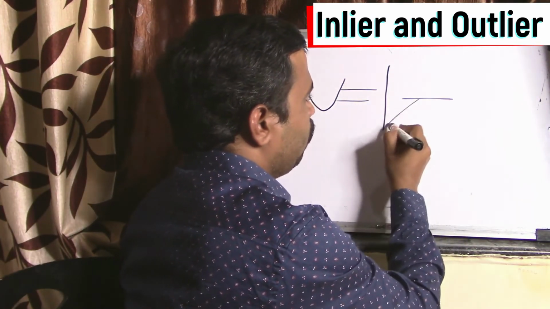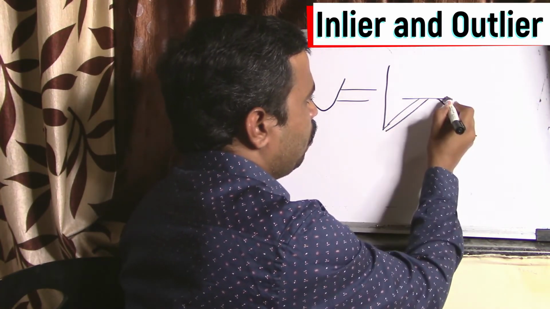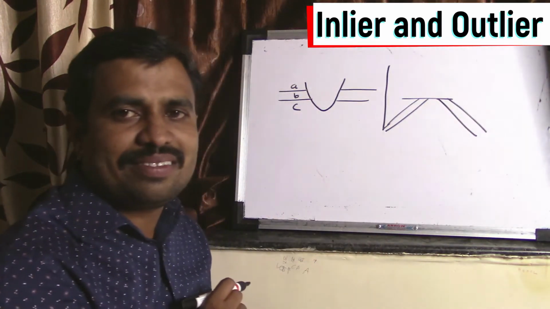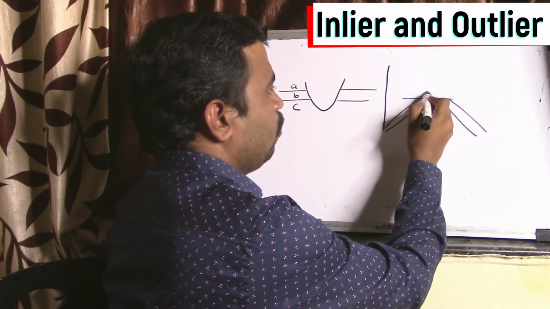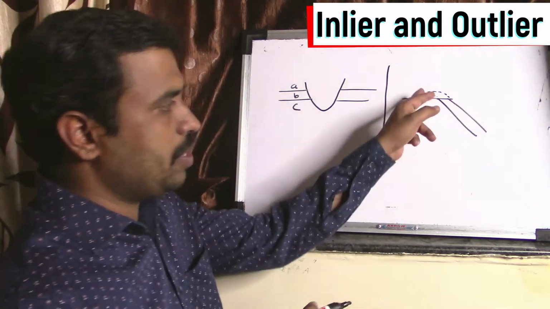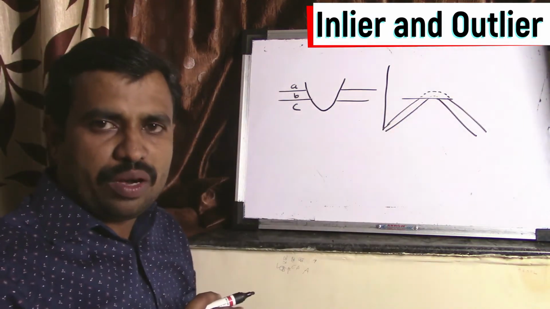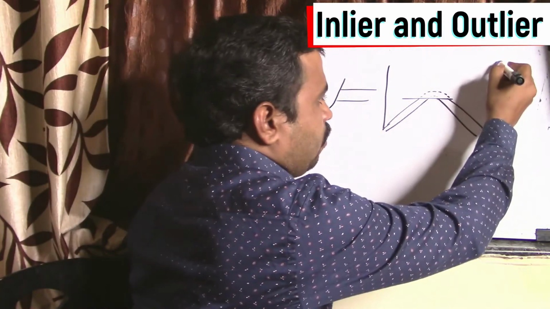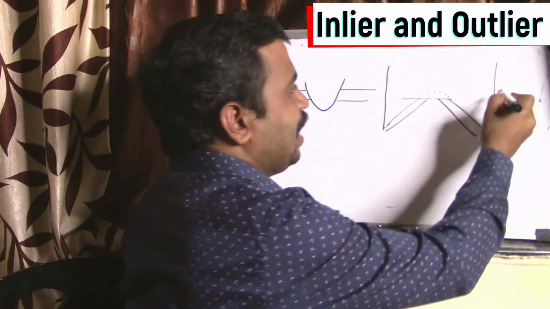Suppose this is one fold having limbs like this. Earlier this part was present, but later on erosion took place and the upper part was removed. Now when we take a section map of this particular area, it may look like this.